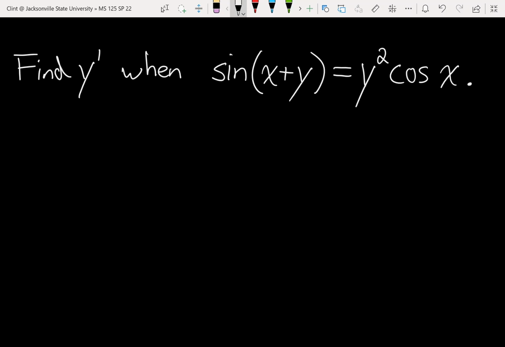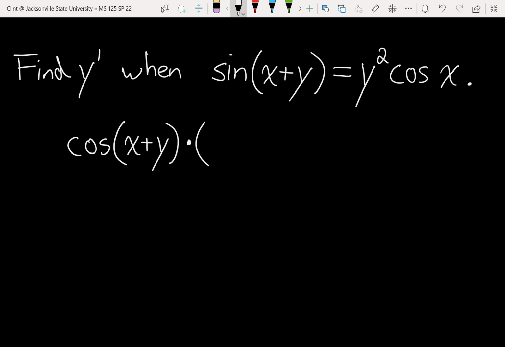So taking the derivative of the left side, the derivative of sine of x plus y, the derivative of the outer portion, the derivative of sine is cosine. We'll have cosine of x plus y times. Now we need to take the derivative of x plus y.